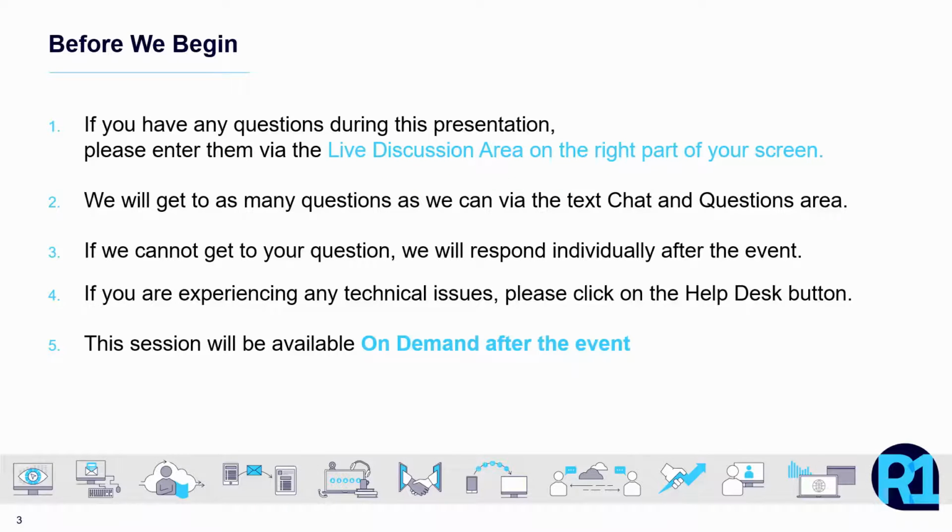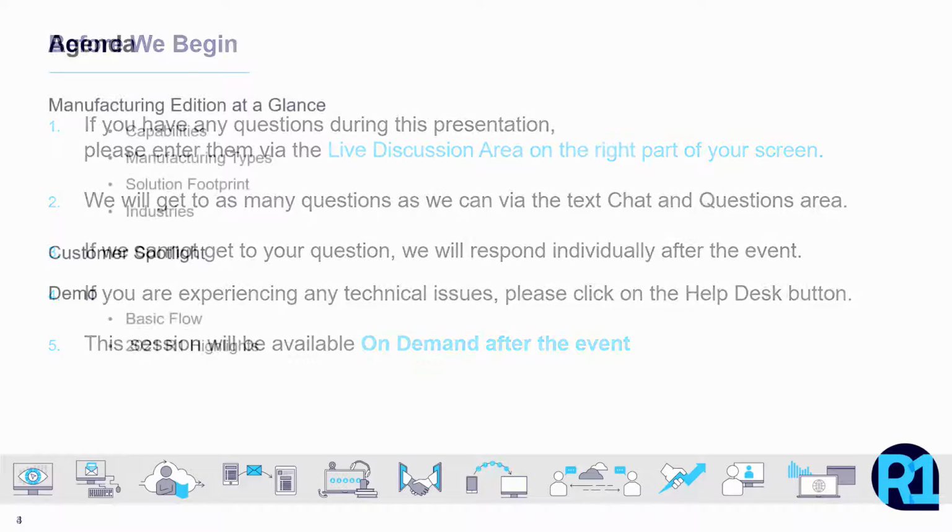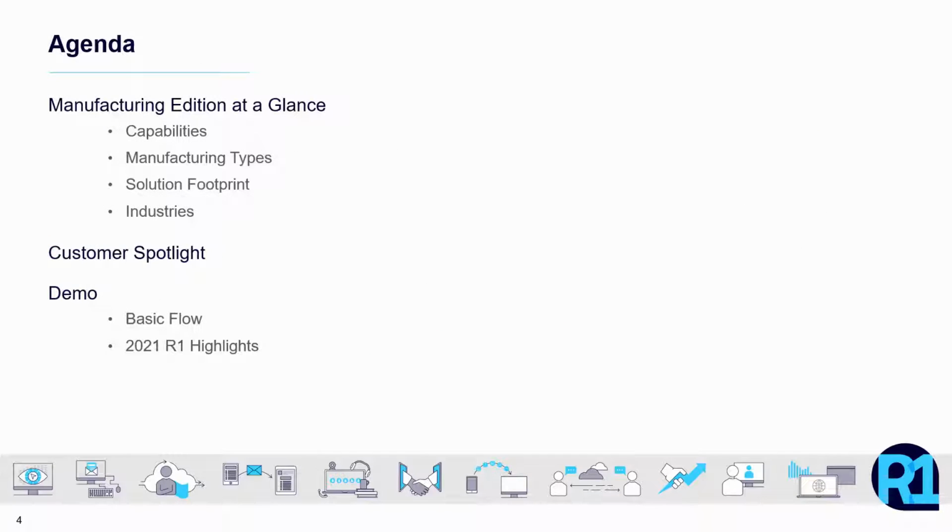Now, on to the presentation, Acumatica Manufacturing Edition Overview with 2021 R1 Review. In today's session, we're going to discuss the following: the Manufacturing Edition and its capabilities, the manufacturing types that are supported, the Manufacturing Edition solution footprint, the industries that we support.